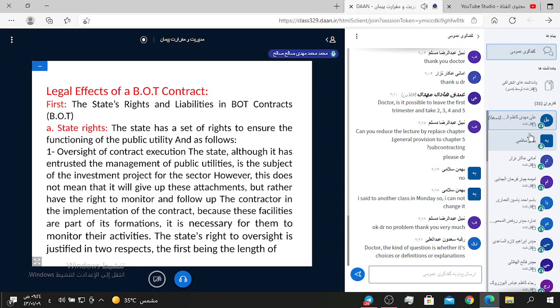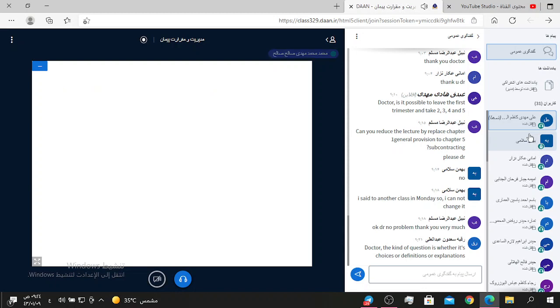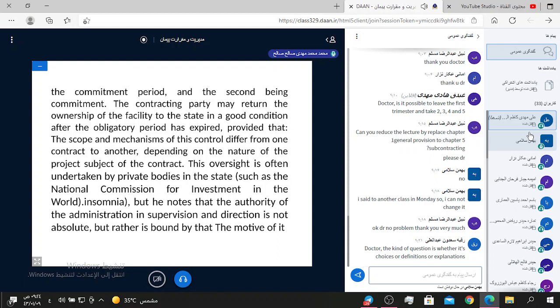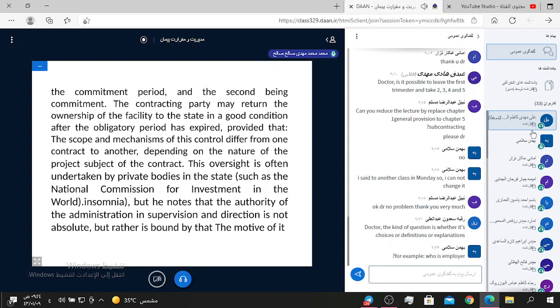The first is the length of the commitment period, and the second is the commitment that the contracting party return the ownership of the facility to the state in good condition after the obligatory period has expired, provided that the scope and maintenance of this differ from one contract to another, depending on the nature of the project subject of the contract.